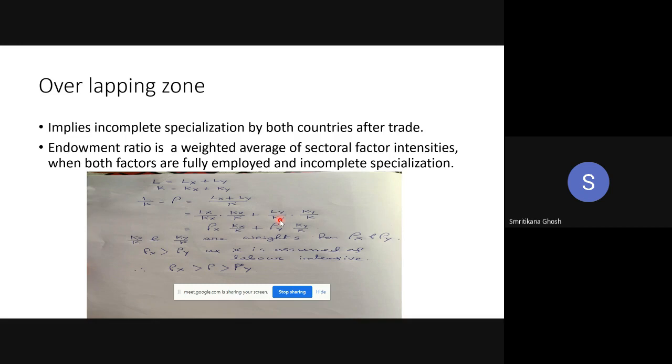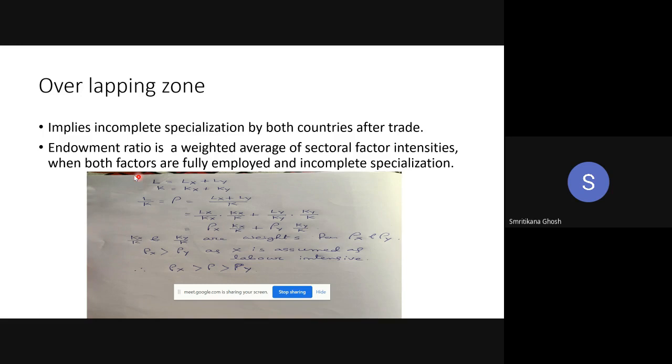Because we assume X as the labor intensive commodity. Tau is the weighted average of tau x and tau y. So tau is within tau x and tau y, and since tau x is greater than tau y, you can write tau x is greater than tau is greater than tau y.